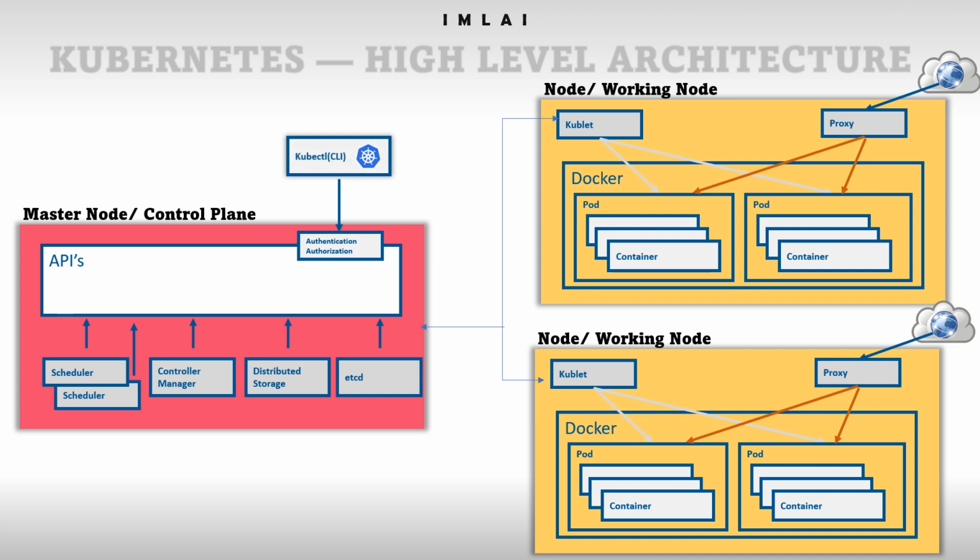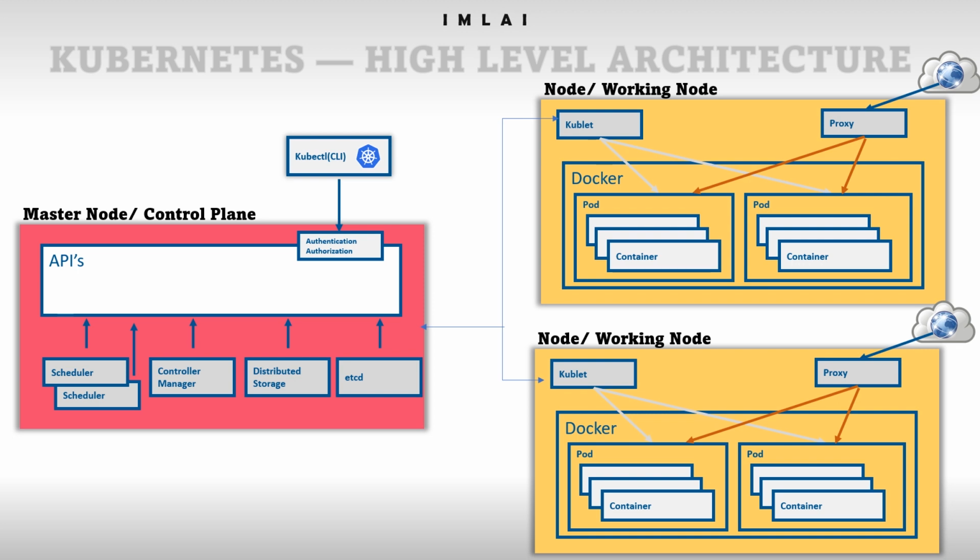The cluster can also be managed via the command line tool called kubectl, which can be installed on any machine able to access the API server running on the master node. This tool can be used to manage several Kubernetes clusters by specifying a context defined in a configuration file.